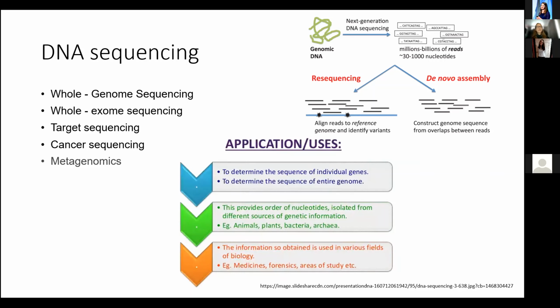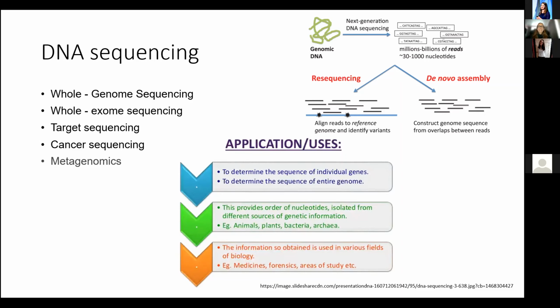Whole genome sequencing, for example, is the most comprehensive method for analyzing the genome, because this method entails sequencing all of an organism's chromosomes, as well as DNA contained in mitochondria, and for plants also in chloroplasts.